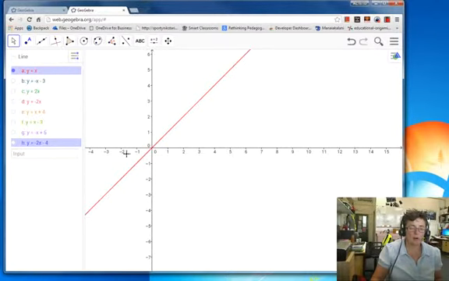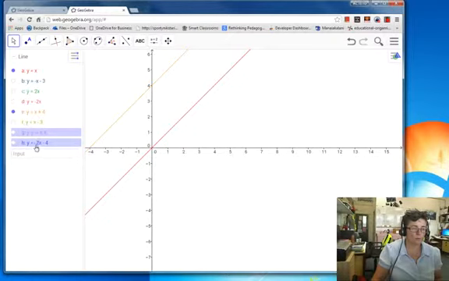If we have a parallel line, we could have a line like this, y equals x plus 4. You'll see that the slope of the line is still rise of 1, run of 1. So the coefficient of x is still 1.